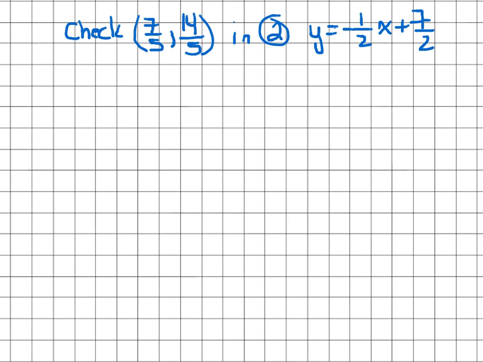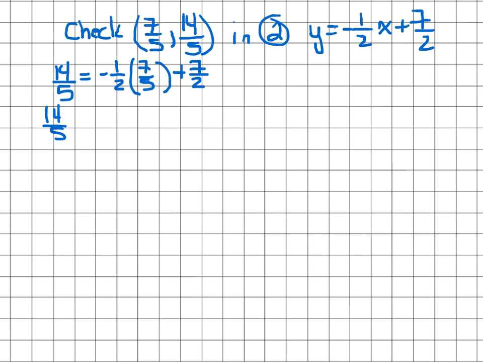So I'm now going to check to see if 7 over 5 and 14 over 5 satisfy equation 2 by substituting those in for x and y, and check to see if left-hand side equals right-hand side. So I have 14 over 5 equals negative 1/2 times 7 over 5 plus 7 over 2.